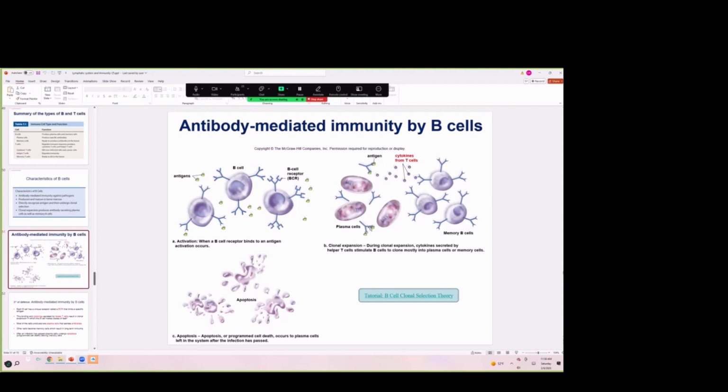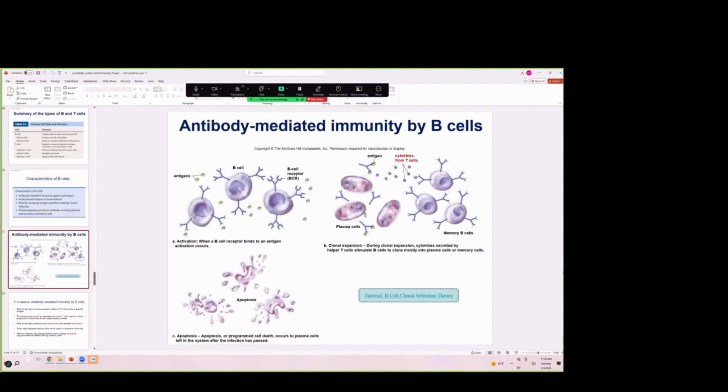When they bind the pathogen, this complex of pathogen plus antibody enables the killer cells, the T lymphocytes, to come and destroy it. After all these green things have been destroyed, what happens to these?